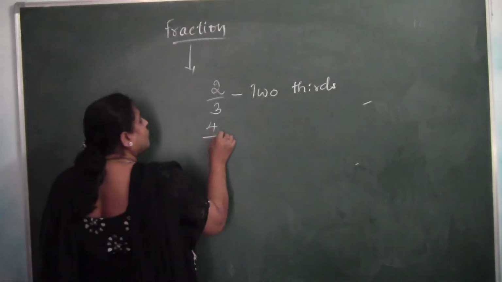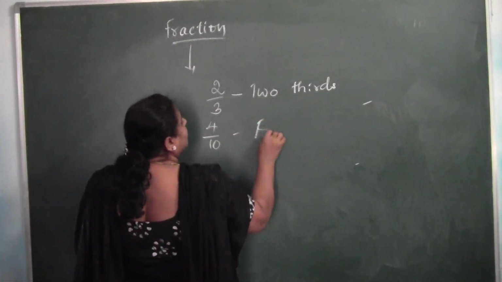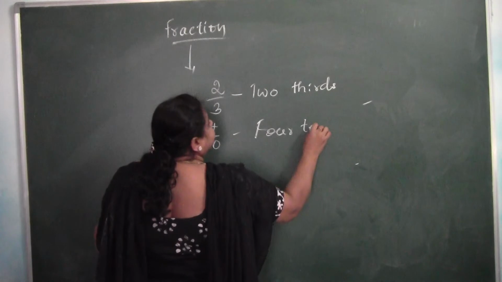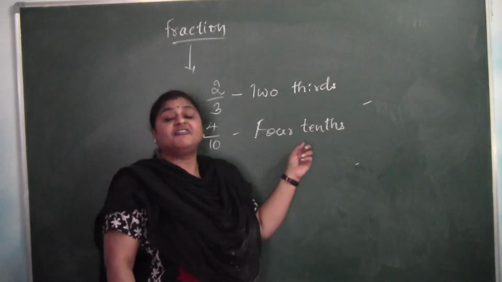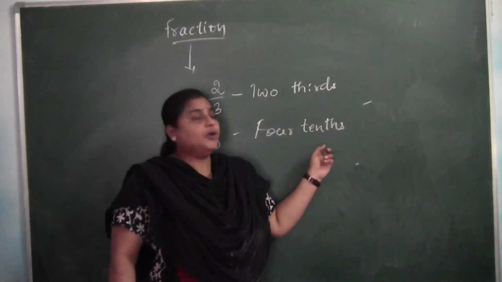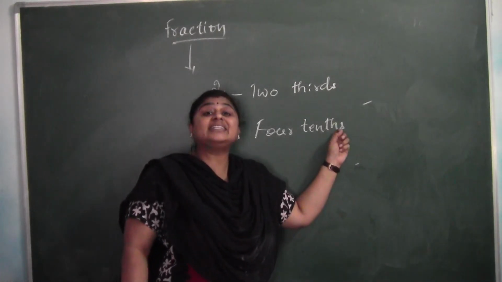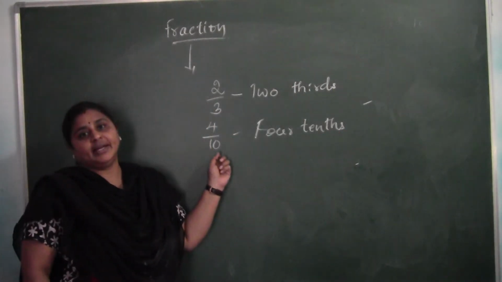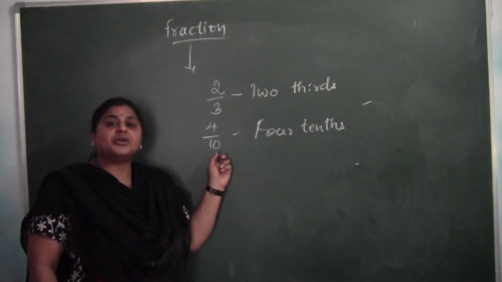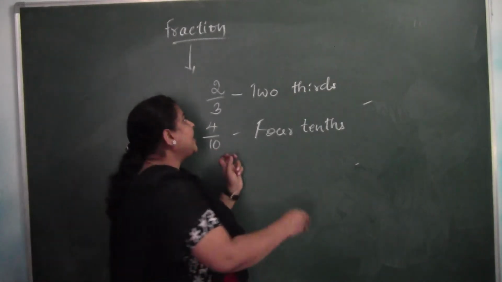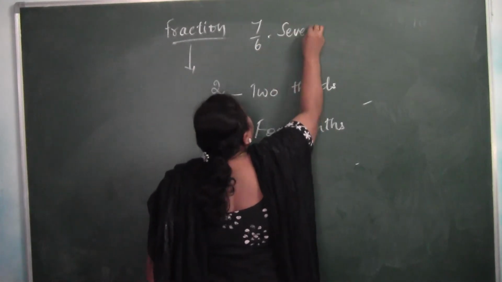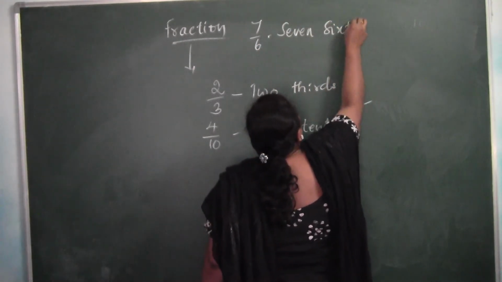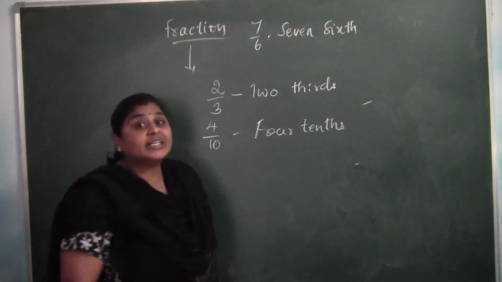Okay, if I have 4 by 10, that is 4/10. 4 by 10 is nothing but 4/10. Okay, you are adding the suffix ths to the denominator in the other way of reading out a fraction. Now if I have 7 by 6, how do I write? 7/6.